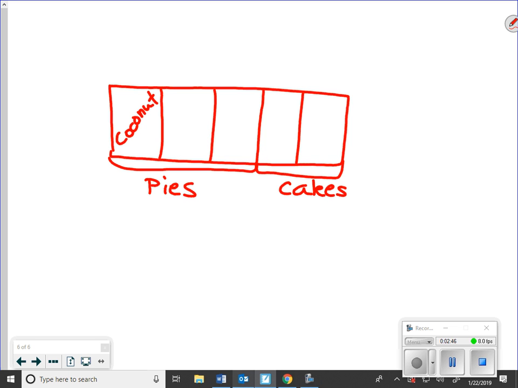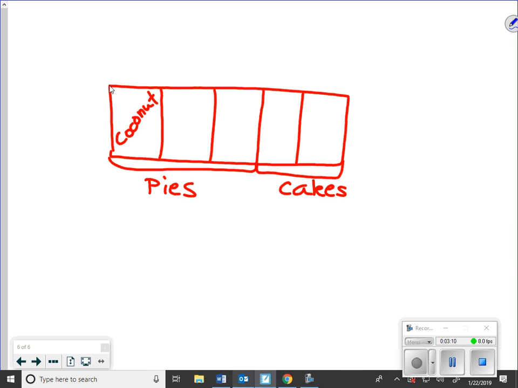So I'm here with my cakes. Now I'm going to do this in a different color just so you can see what I'm doing. Okay, so I've only got 2 units. I need 6 to fit.